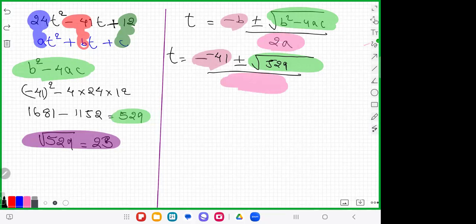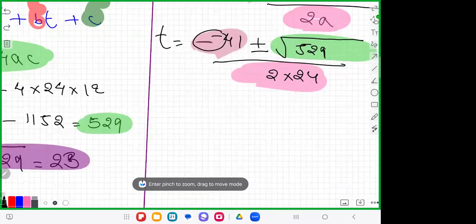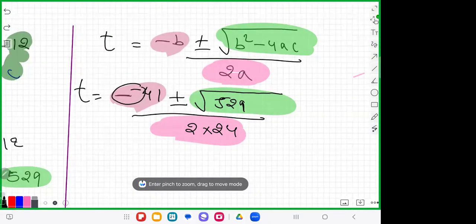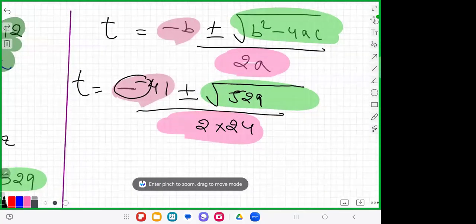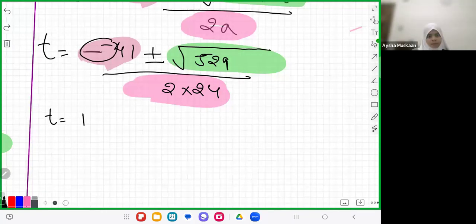That is 2 into 24. Aisha, these two negatives become a positive. You listening? Yes, sir. These two negatives become a positive.